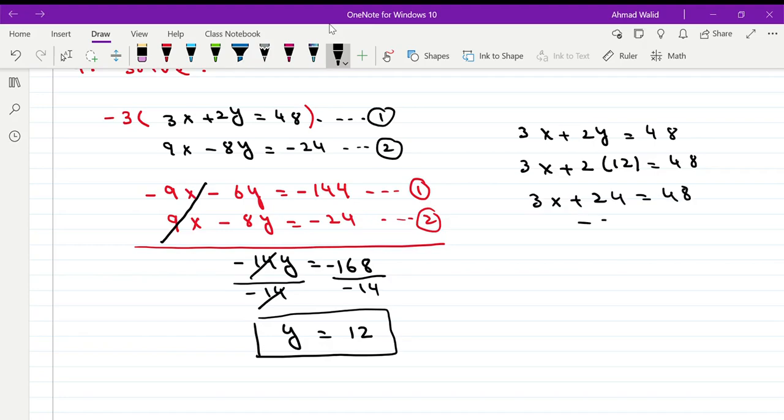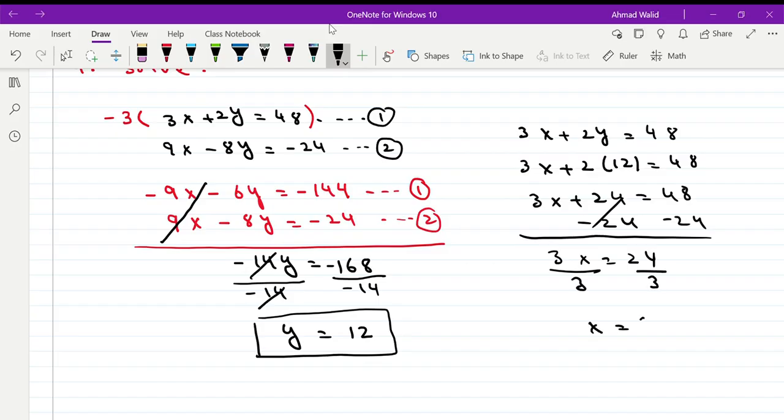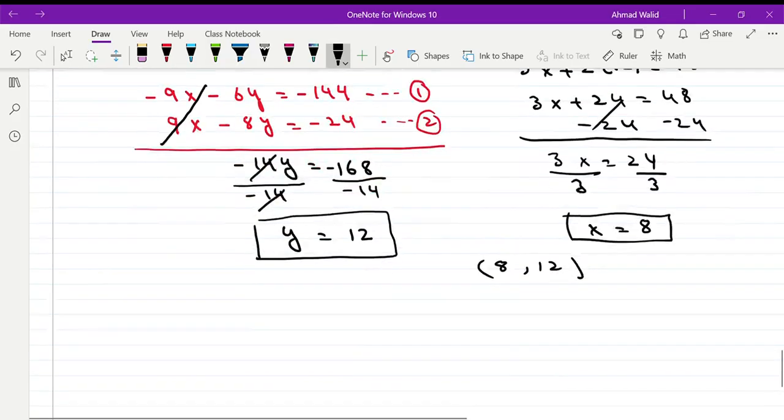Subtract 24 from both sides. Then 3x equals what? 24. Divide by 3. x is equal to what? 8. Then the solution for this system is 8 comma what? 12. Always write your x first, then y. Correct? Let's do another example also for you.